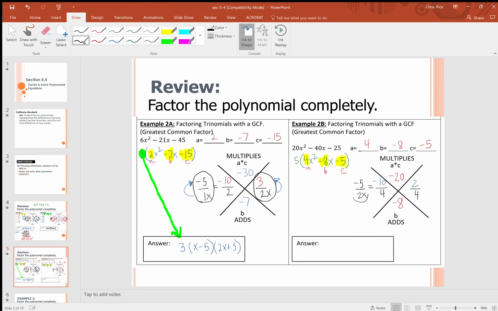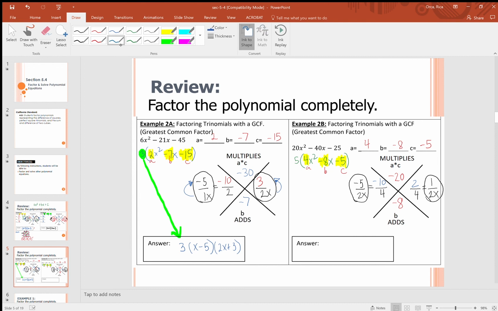Put the x at the bottom. 2 over 4 is just 1/2. It's 1/2 because 2 and 4 are both divisible by 2. 2 divided by 2 is 1. 4 divided by 2 is 2. Let's put the x's at the bottom.